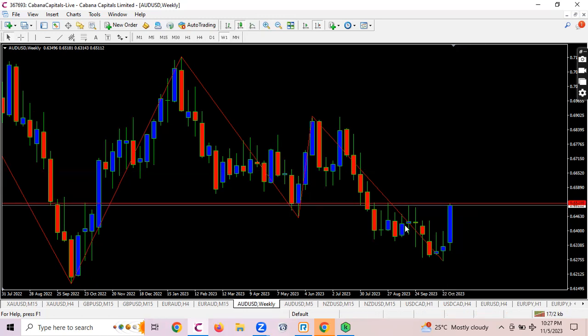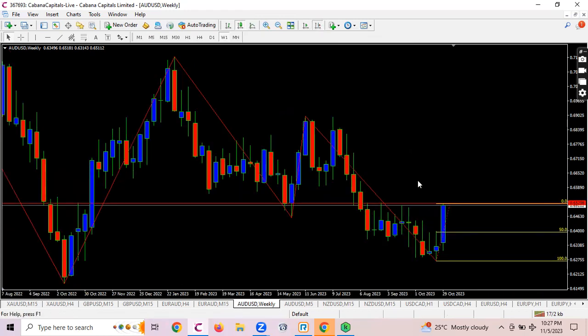Okay, so you can just apply your Fibonacci, take it from swing low to swing high. So price is currently at premium. For you to buy Australian dollar USD, price should pull back to at least equilibrium or below equilibrium before you consider buying.